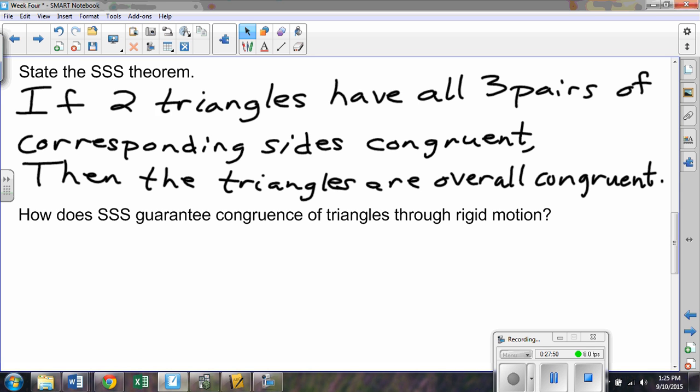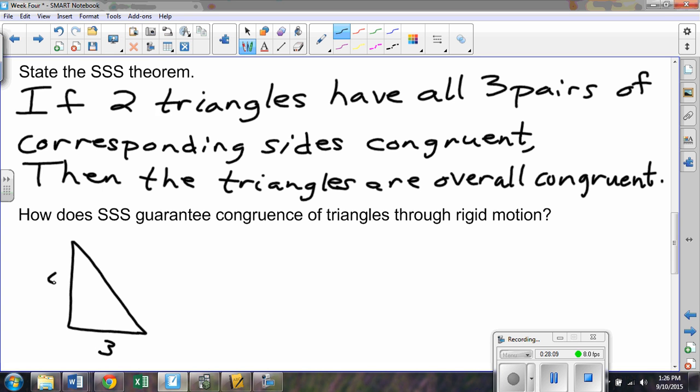So we don't need angles at all. We can just have 3 pairs of sides and not know anything about the angles and still know that we get the 3 pairs of angles for free. In terms of like an example, and once again we'll do examples like this in a lot more detail later on, but let's say that we have a triangle that's 3, 4, 5. And I could take another one over here that's 3, 4, 5. Those 2 triangles would have to be congruent, of course keeping in mind that I'm bad at drawing. But 3 matches 3.